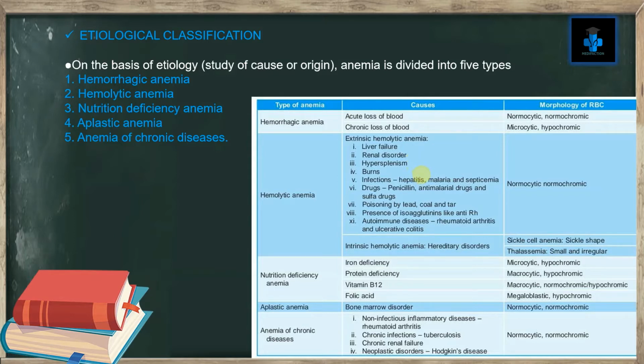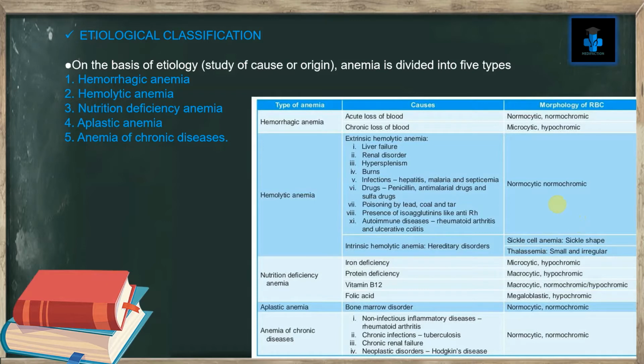Drugs like penicillin, anti-malarial drugs, and sulfur drugs. Also, poisoning by lead, coal, and tar, and presence of isoagglutinins like the anti-RH factors, and also autoimmune diseases like rheumatoid arthritis and ulcerative colitis. The morphology of these type of RBCs will be normocytic, normochromic.